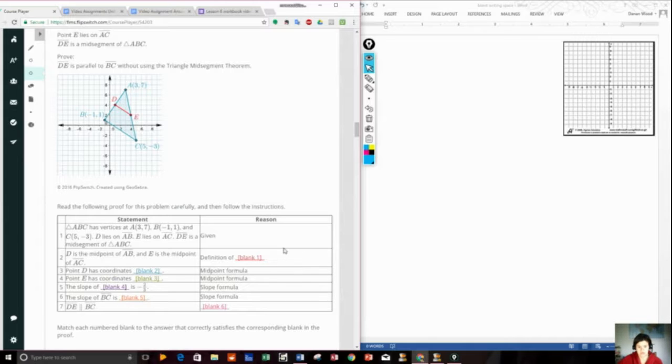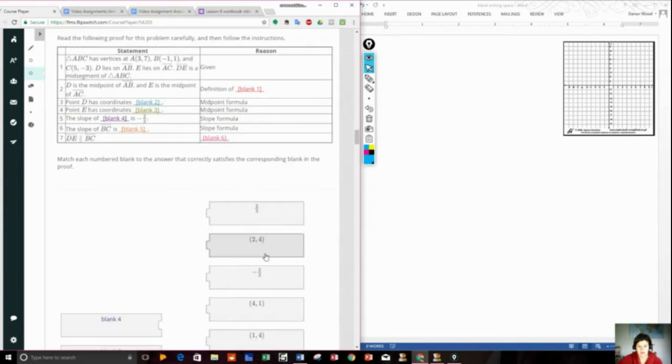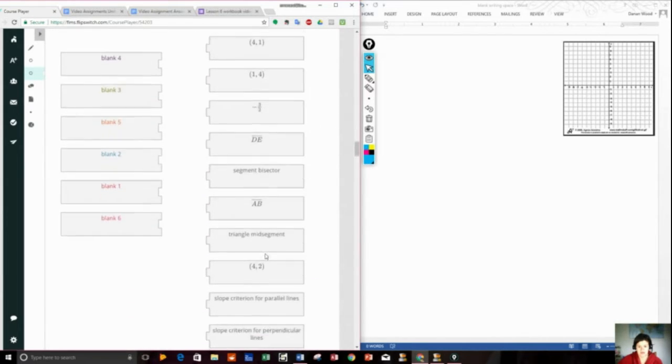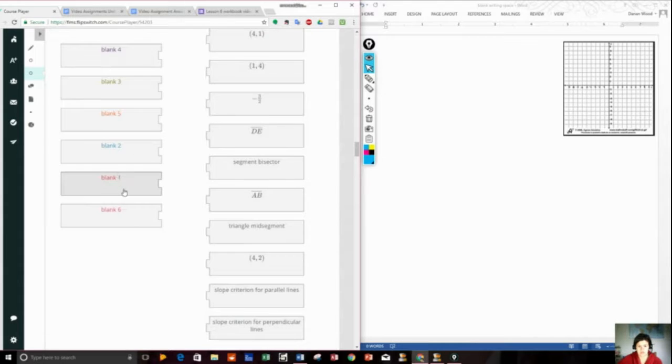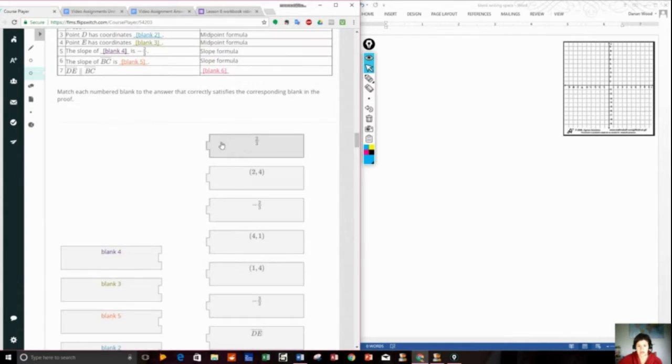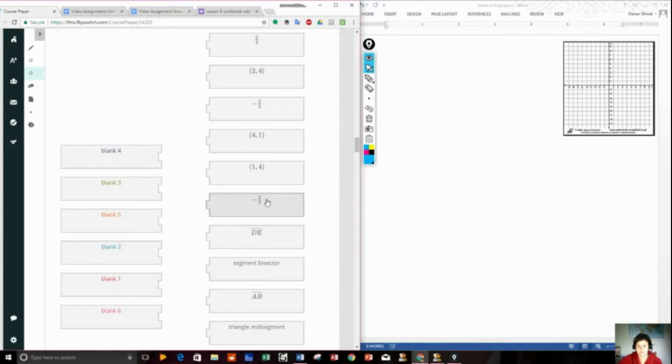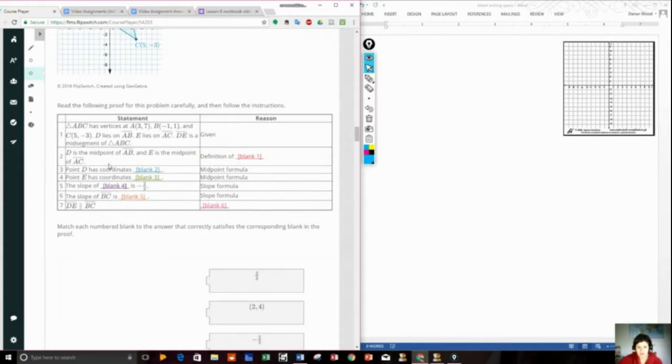Okay, so let's look through our options for blank 1 and find out. We're going to drag and match each numbered blank to the answer that correctly satisfies the corresponding blank in the proof. So D is the midpoint of AB and E is the midpoint of AC.